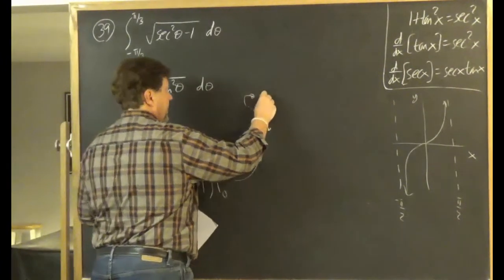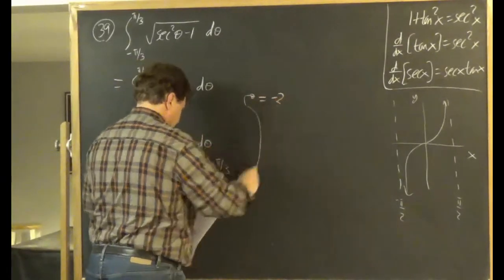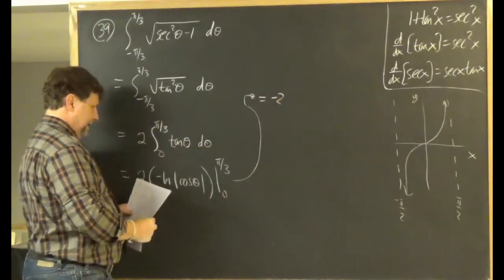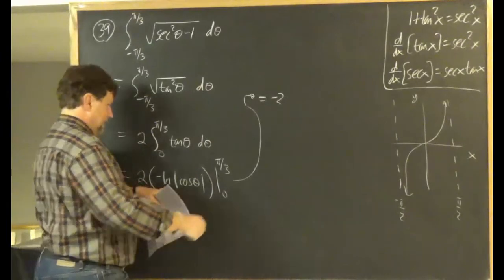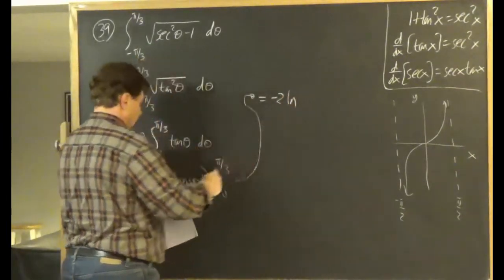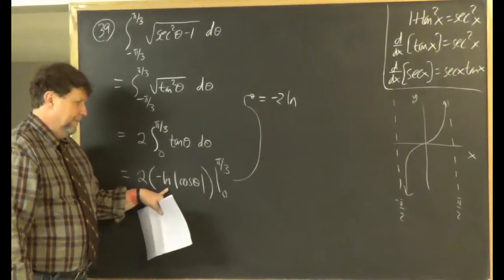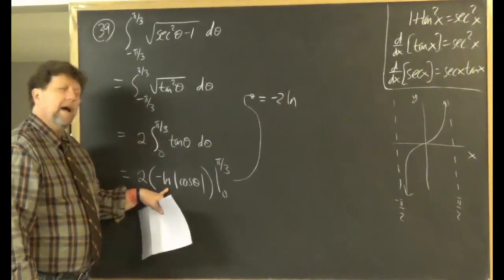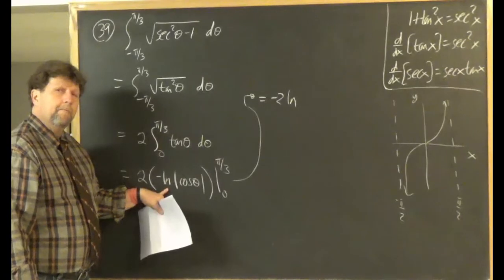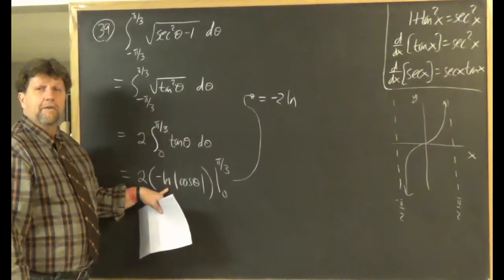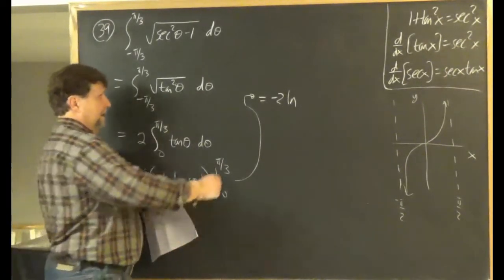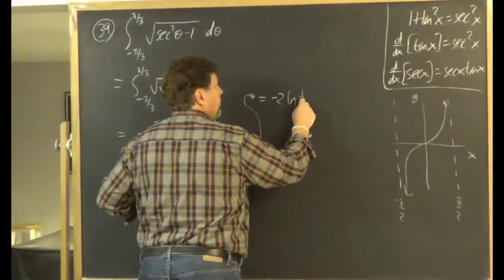So you'd have a negative 2, natural log, see, pi over 3 comes in for theta. Cosine of pi over 3 is 1/2. So that'd be the natural log of 1/2.